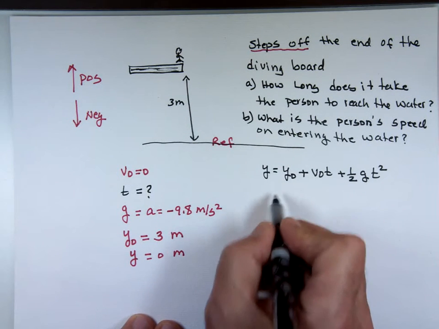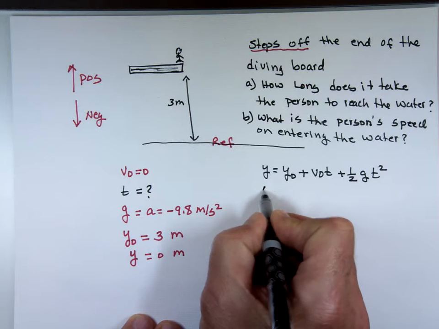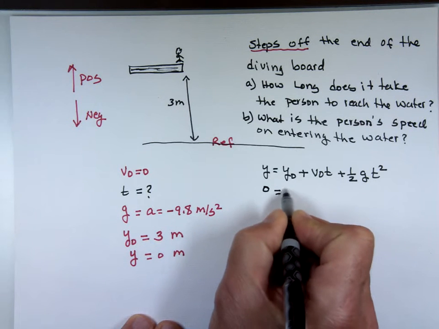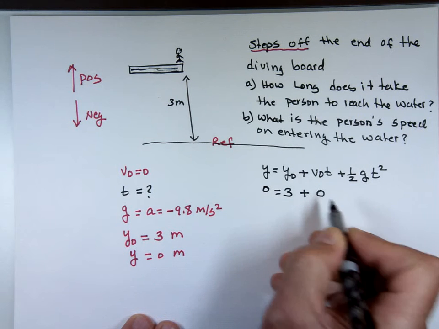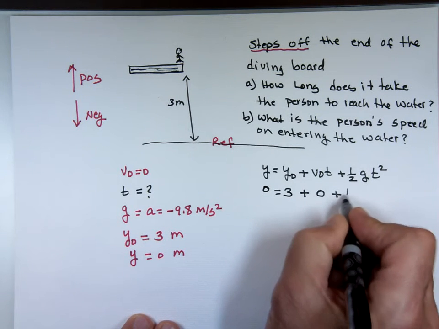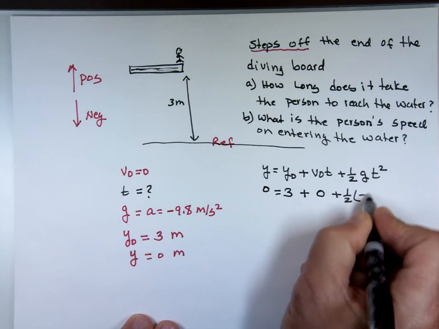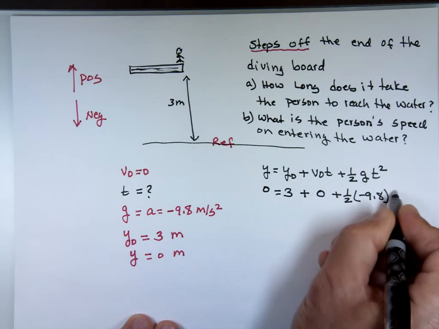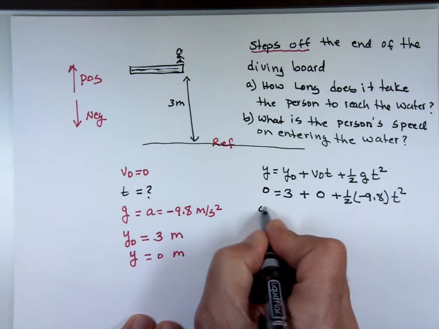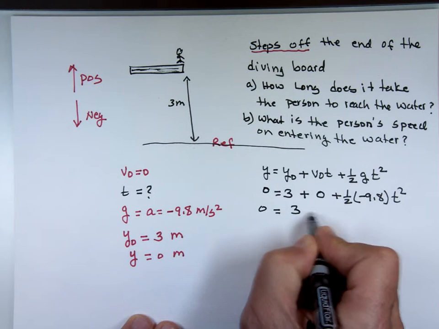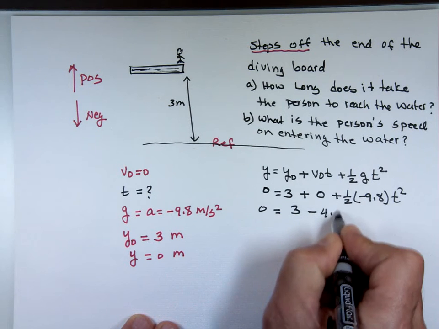Y, which is 0, equals 3 plus 0 times anything is 0 plus 1/2 times negative 9.8 t squared. 0 equals 3 minus 4.9 t squared.